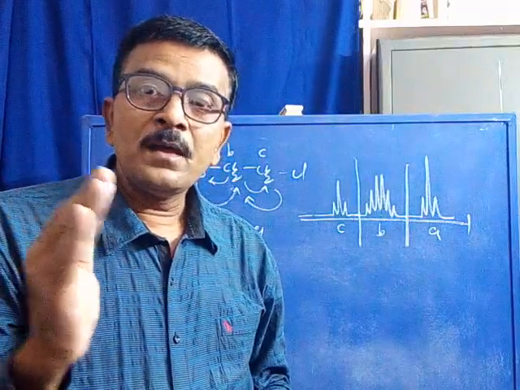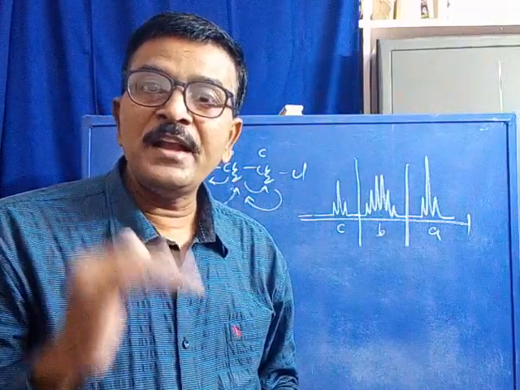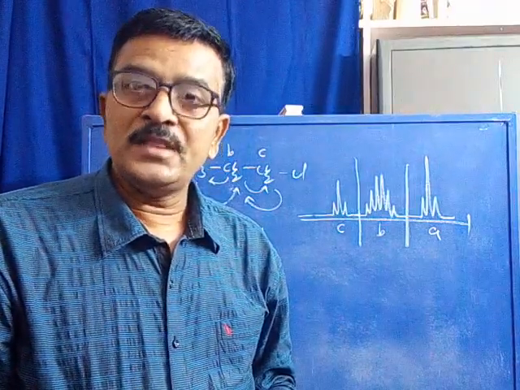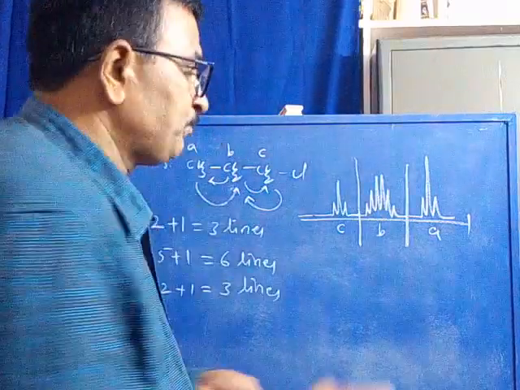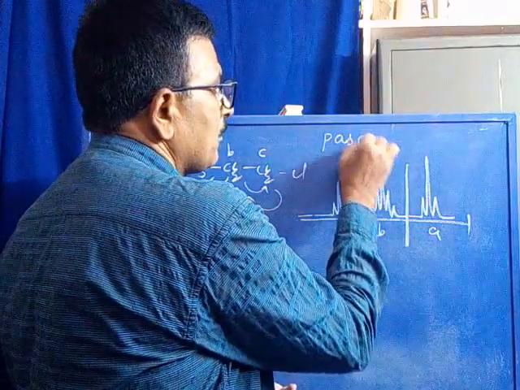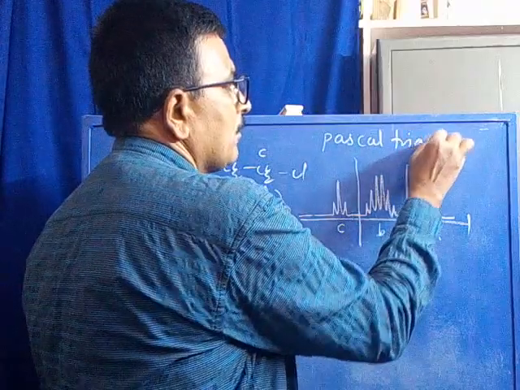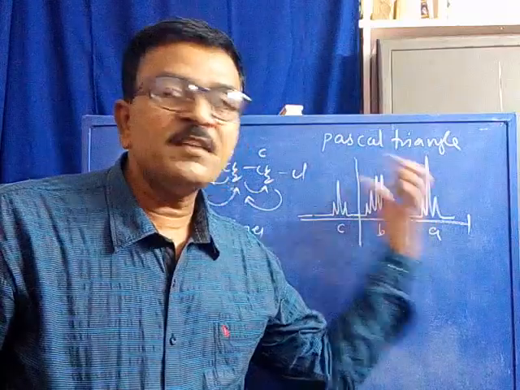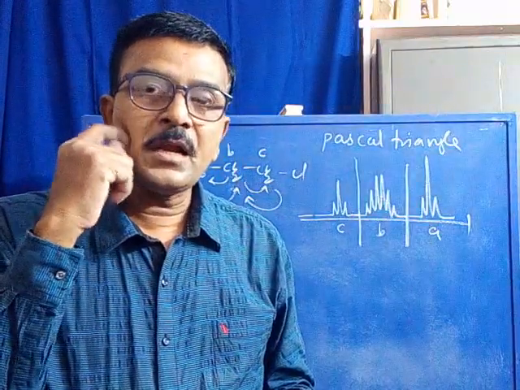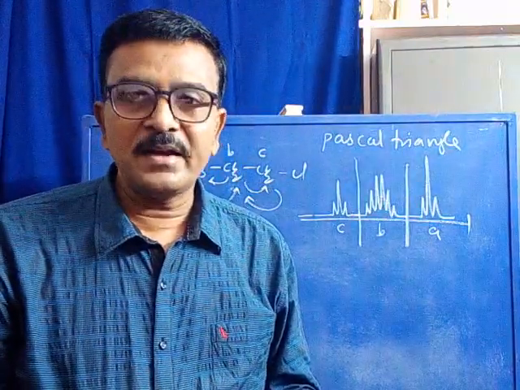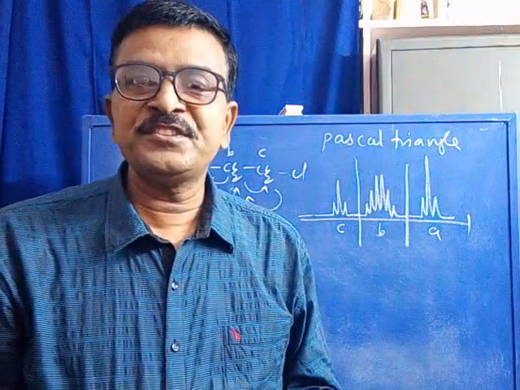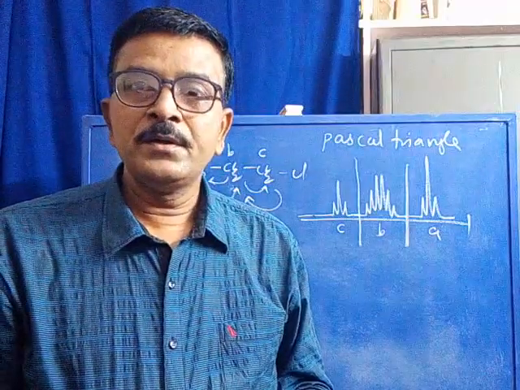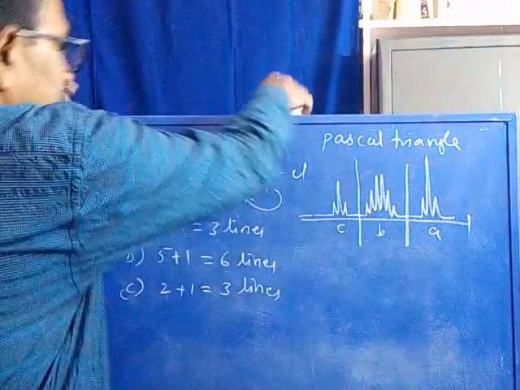We will study how to write the height of every line in a multiplet signal with the help of the theory of spin-spin coupling. That is Pascal's triangle. So the intensity of every line in a split signal or multiplet signal will be given by Pascal's triangle. Let us discuss a few examples with zero adjacents, with n number of adjacents.